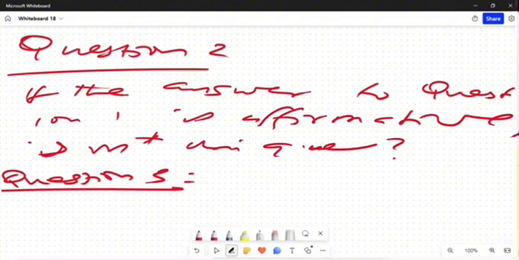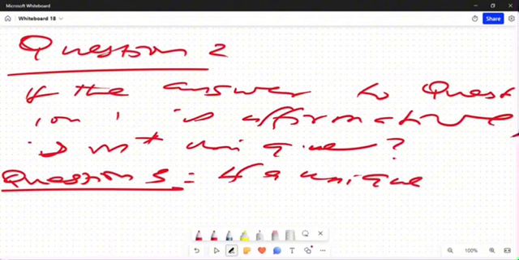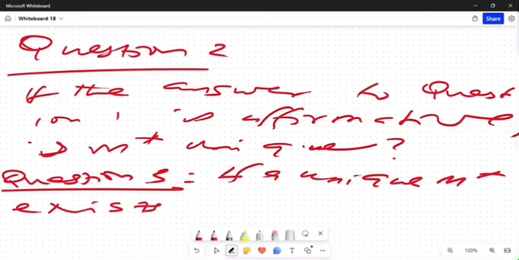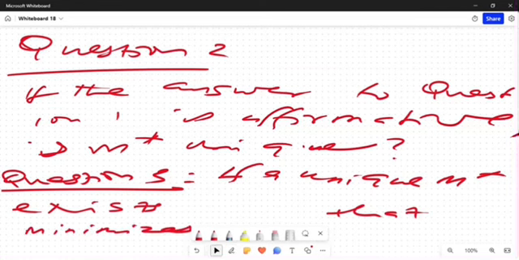The last question now, question 3. These questions will lead us to some beautiful results. Now, if a unique M star exists that minimizes the norm of X minus M, how is M star characterized?